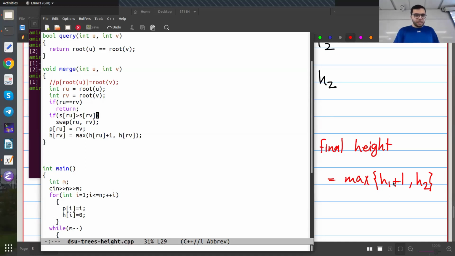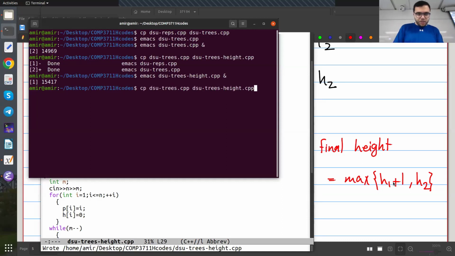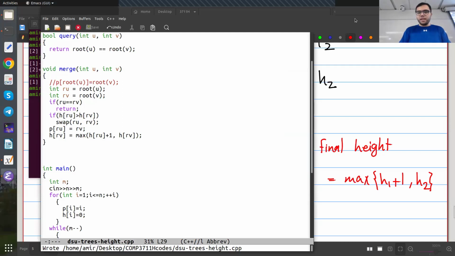And here again, instead of saying that I merge the root with the smaller size into the root with the larger size, I just use height. So the code changes by very little. Okay, hopefully this will compile. DSU trees. And yes. Okay, nice.